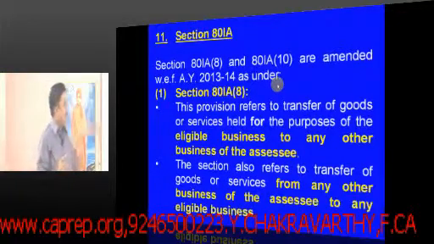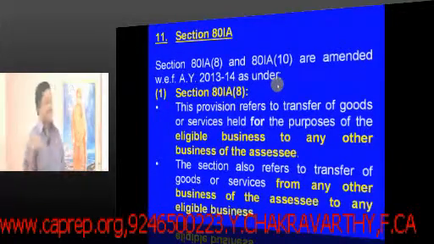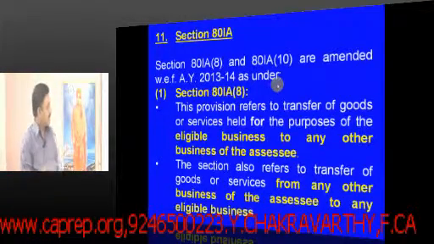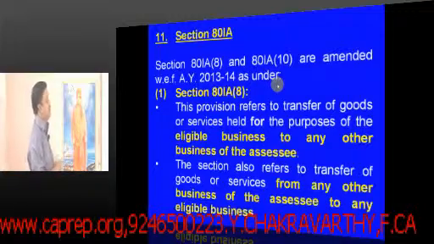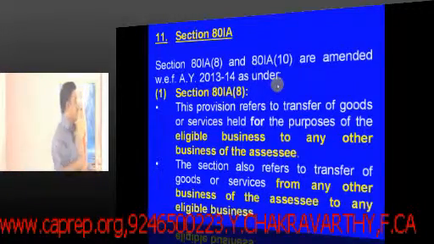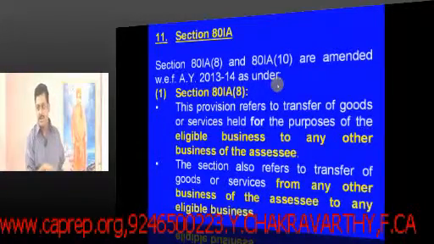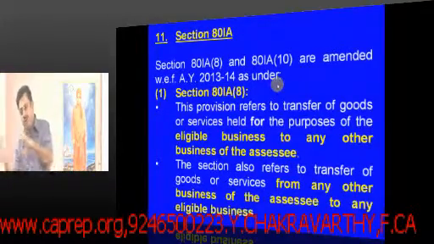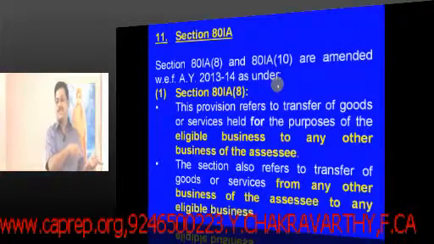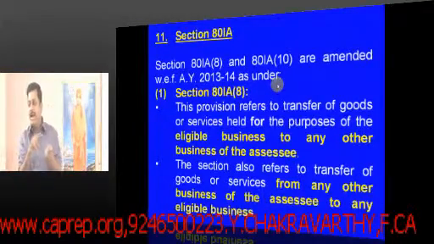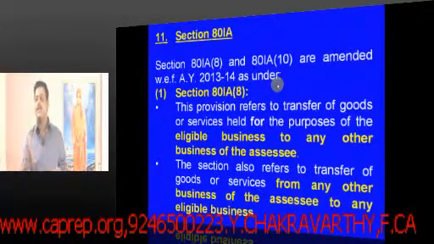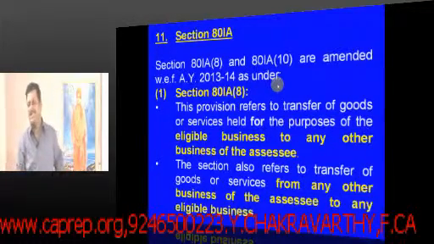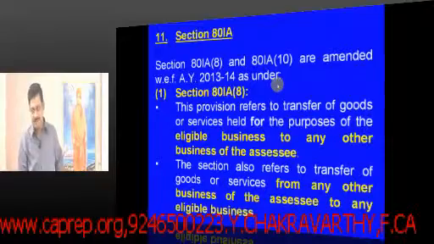From one eligible business to another business which is not under the eligible category. So the section also refers to the transfer of goods or services from any other business of the SSE to the eligible business. So both ways, eligible business to the other business or other business to the eligible business. If any transfers are made, then the assessing officer needs to necessarily check whether they are being carried out at arm length price or not.